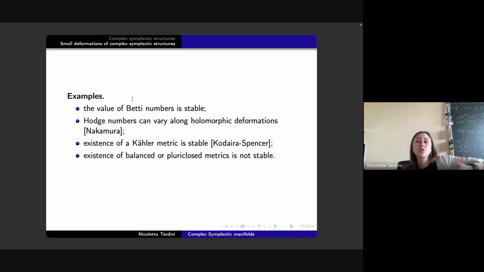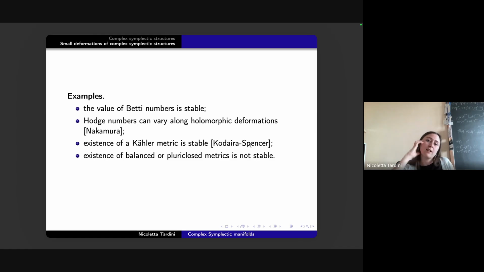So you are not changing the Betti numbers if you deform the complex structure. On the other side, the dimensions of the Dolbeault cohomology groups, or the Bott-Chern cohomology groups, or the Aeppli cohomology groups, vary along small deformations. The Hodge numbers are the dimensions of, for instance, the Dolbeault cohomology groups, but the same goes for Bott-Chern or Aeppli cohomology groups. They change along deformations.